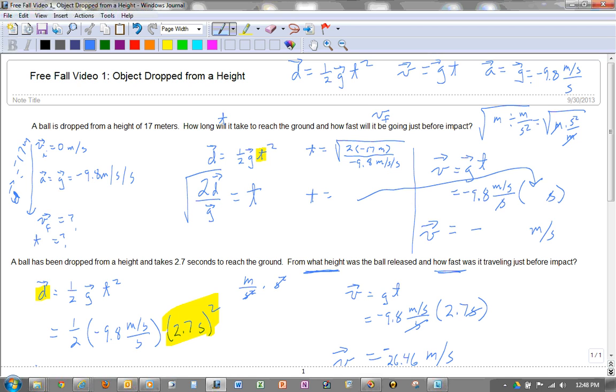And the main thing to remember is the object has to be dropped, not thrown. So when it's dropped, you know that the initial velocity is 0. If the initial velocity is not 0, then you could not use these formulas as they're written. You would have to take into account whatever the initial velocity is, and I'll show you that on the following videos.